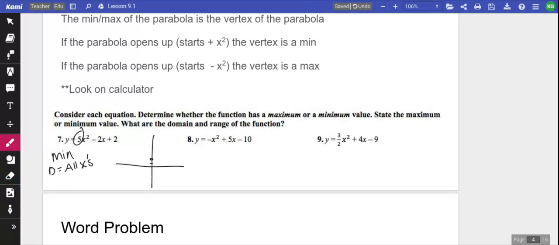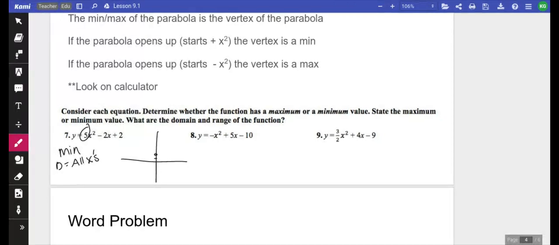And I don't have my other part of the equation, so I'm going to have to pause for a second. Okay, so I've gone to my y equals, and I need to put in the equation, which was 5x squared minus 2x plus 2.